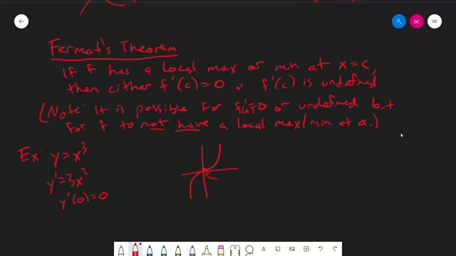So that point right there in the middle, that's where f prime is equal to 0, but that's not a local maximum or a local minimum. So having a derivative of 0 does not guarantee that you're a maximum or minimum. It's just the first test that you have to pass to be a local maximum or a local minimum.